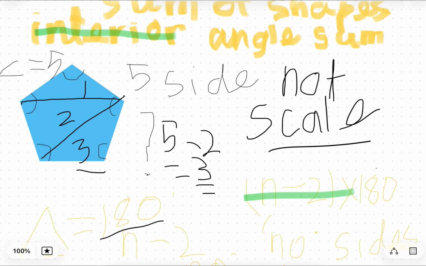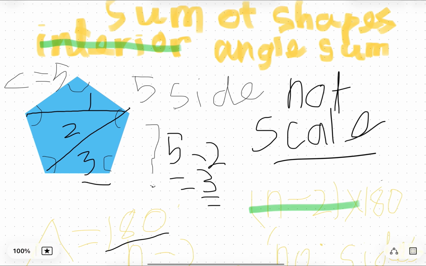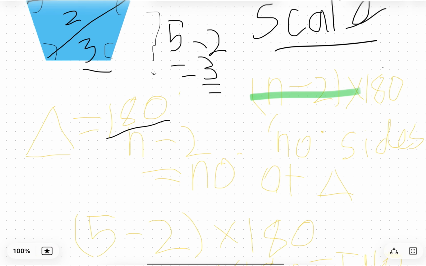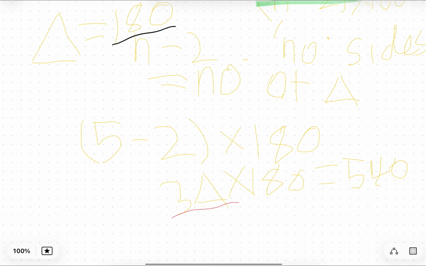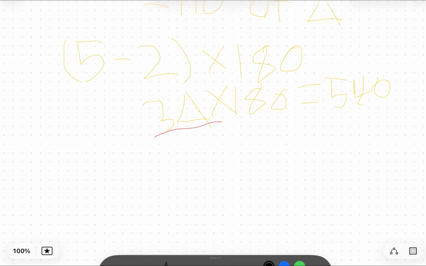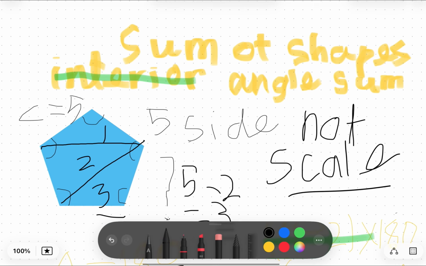This is how it works for a complicated shape if you were to find out the angular sum of it. Now you'd be like, hold up, we could do this with a protractor. Yeah, we could. But you would have to measure 5 different angles with a protractor and add them up, which would be crazy hard and challenging for you to do.